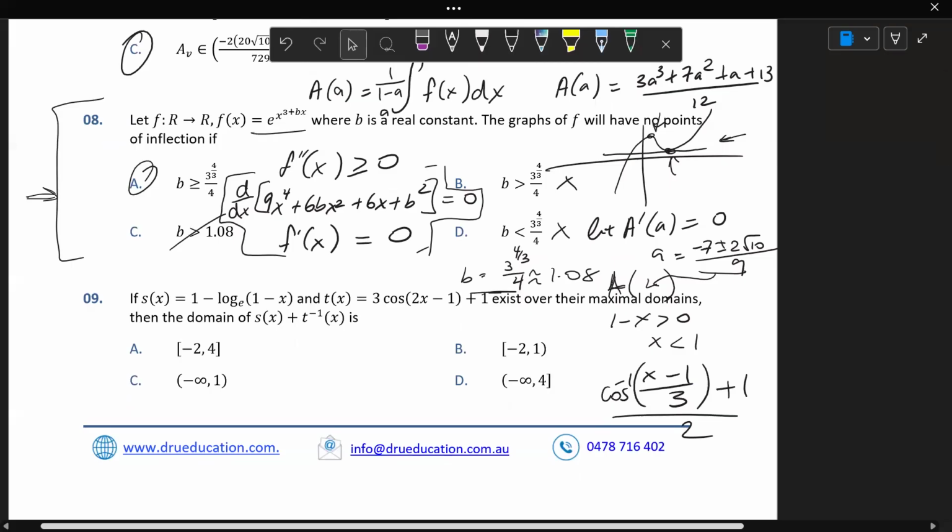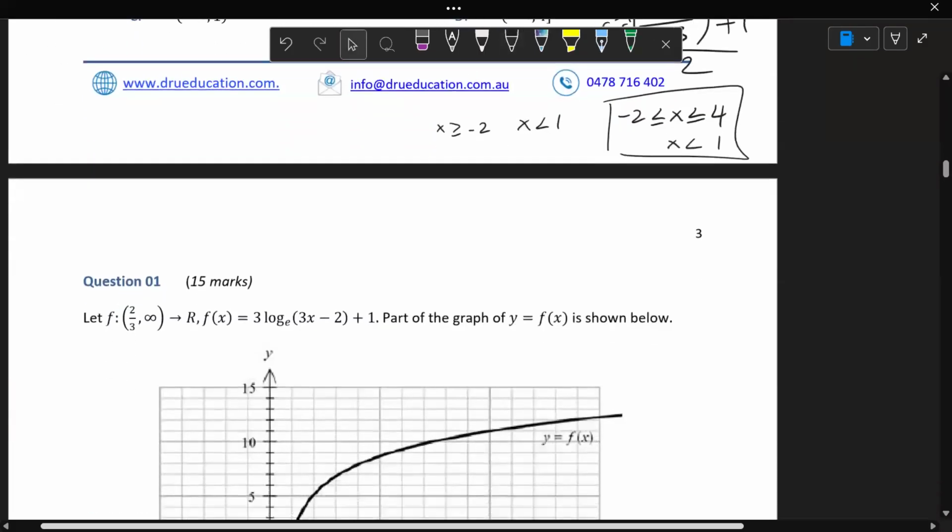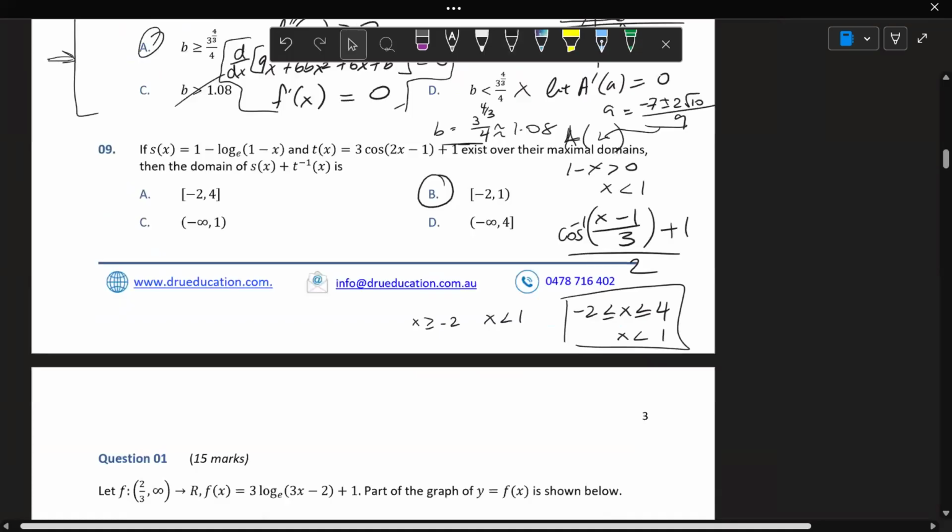The domain function gives you -2 to 4. So then you just have to find the intersection between these, and you're left with x must be larger or equal to -2, but x must be less than 1. So that is B. And that's it for the multiple choice.